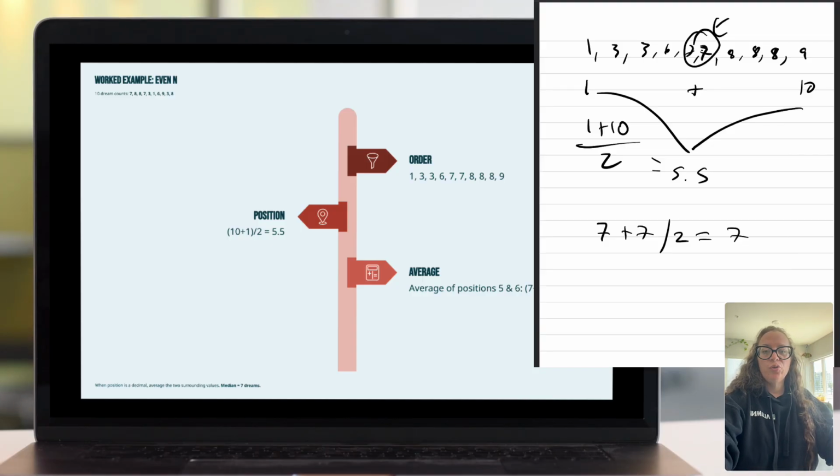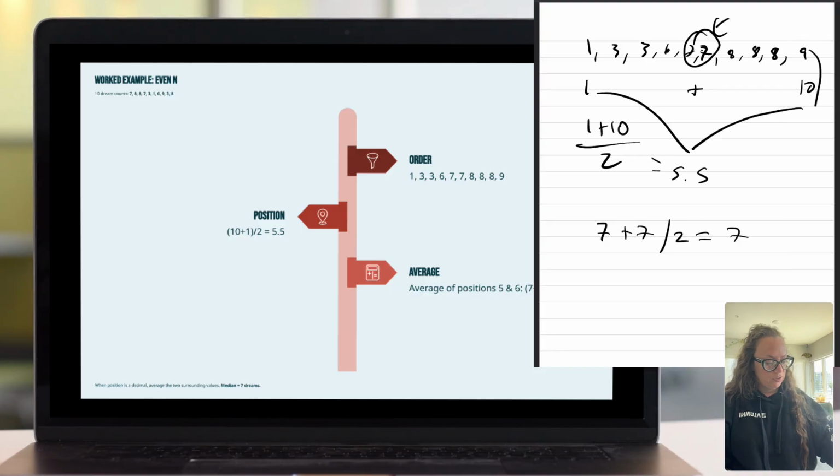All right, now let me show you why the median matters. Let's see what happens when we introduce an outlier. So we have the original data, okay? We've got it ordered. So let's calculate both the mean and the median, okay? So the mean, if we add all of these up, 1 plus 3 plus 6 plus 7 plus 8 plus 9, that equals 60, okay?